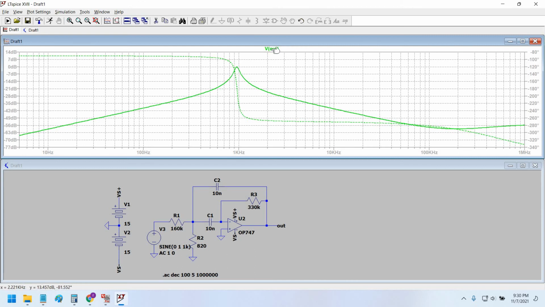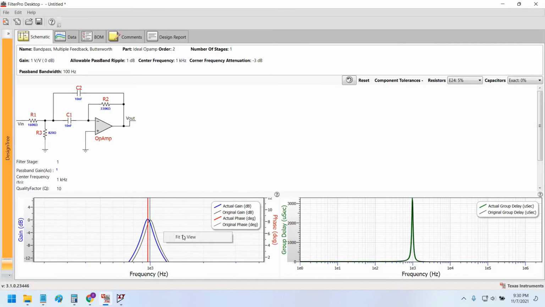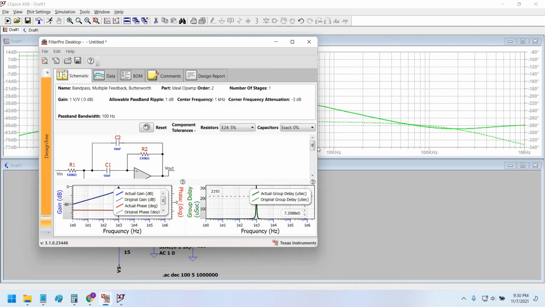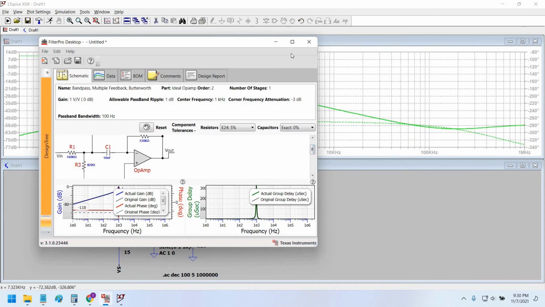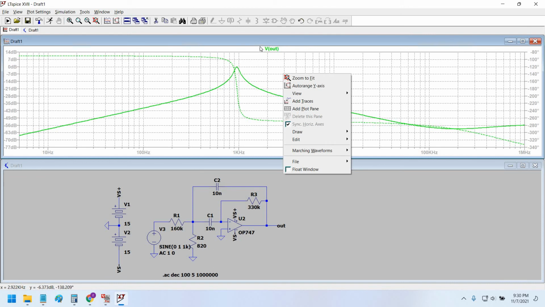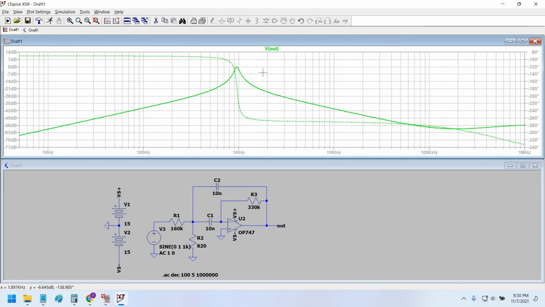So now as you can see, the curve is very much similar to what we have here in FilterPro. Yes, as you can see in the FilterPro we have got this nice curve and the same curve we got here. I will try to make this line thick.